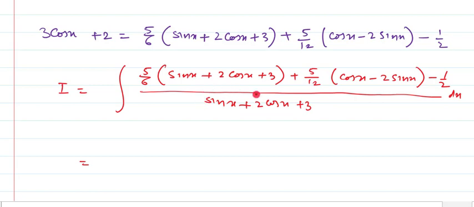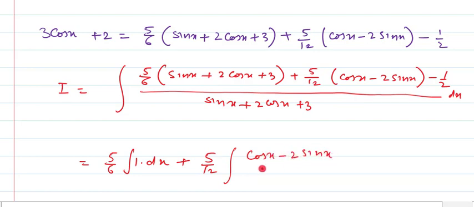So let us segregate the terms, and after segregating, the first term is 5 upon 6 into 1 into dx, because if we take these two, they will cancel out and we are left with only 1, plus the second term is 5 upon 12 into integration of cos x minus 2 sin x upon sin x plus 2 cos x plus 3 dx.